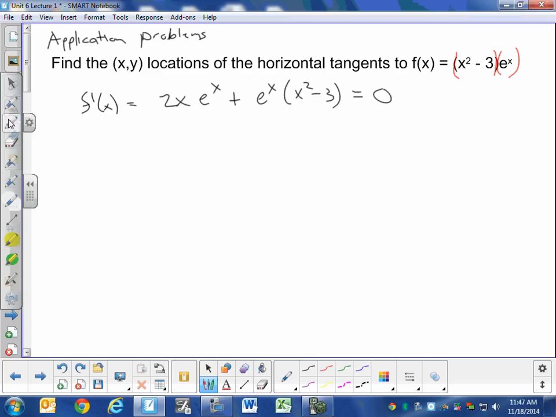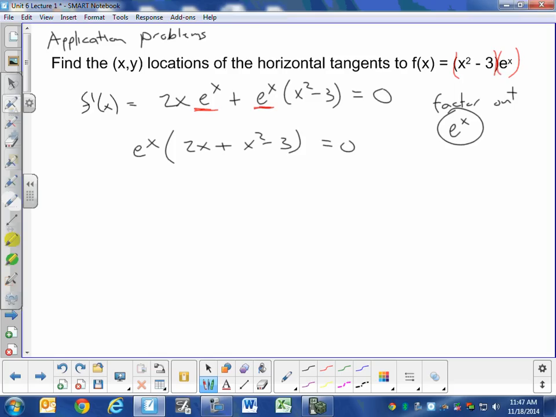The key is that e to the x is in both terms, you can factor it out. A lot of times when you're dealing with questions like this, you'll always factor out e to the x.